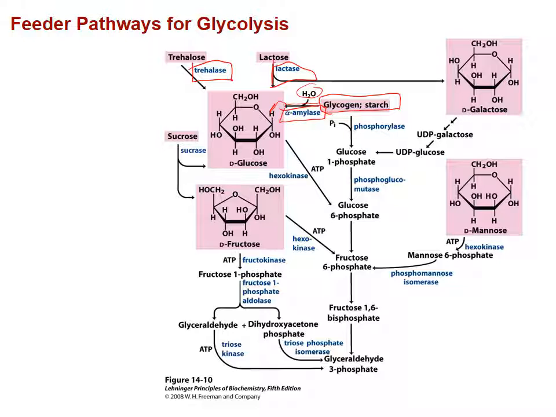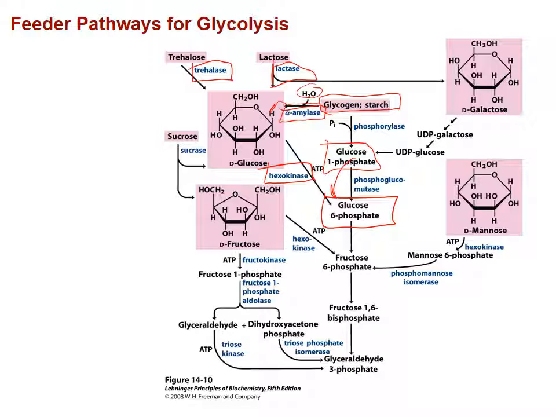And then, of course, glucose jump-starts glycolysis by being transformed into glucose 6-phosphate through hexokinase and the addition of ATP. But also starch and glycogen can be phosphorolyzed directly into glucose 1-phosphate and then downstream into glucose 6-phosphate.